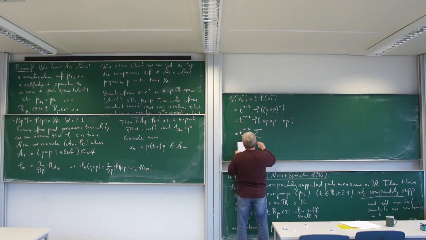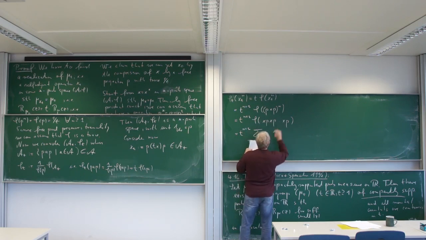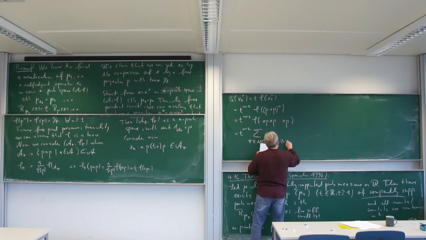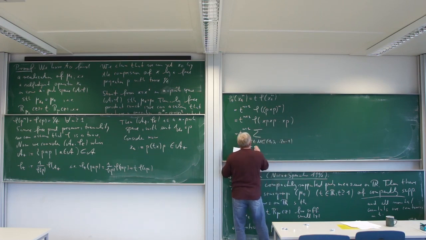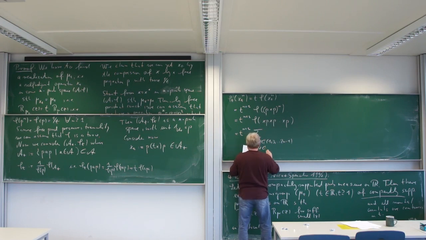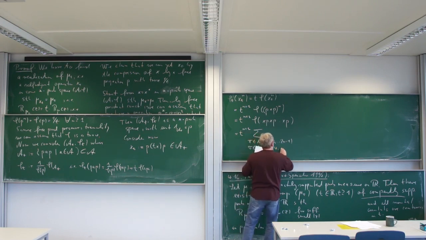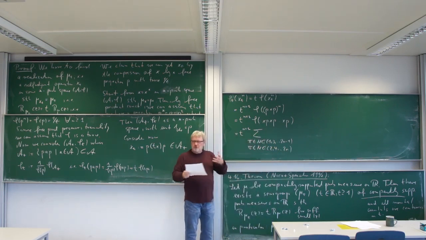So I have a partition, let's say, which acts at positions 1, 3, and so on. So I put the odd positions for the x's: 1, 3, and so on. I have a partition of the p's, which is a non-crossing partition at the even positions. But then, of course, both partitions together must also be non-crossing.